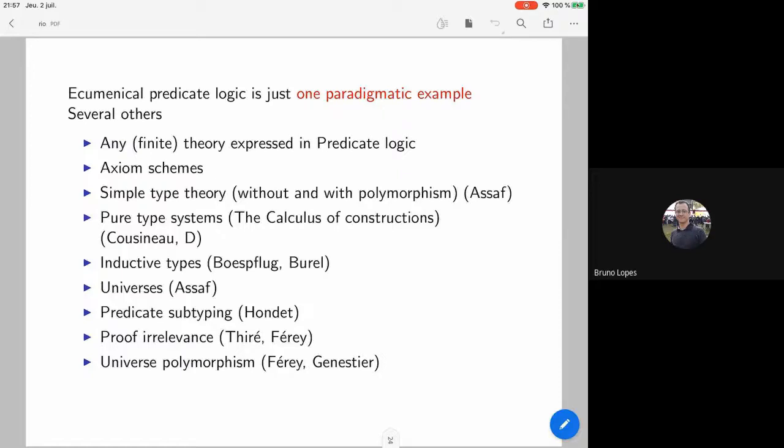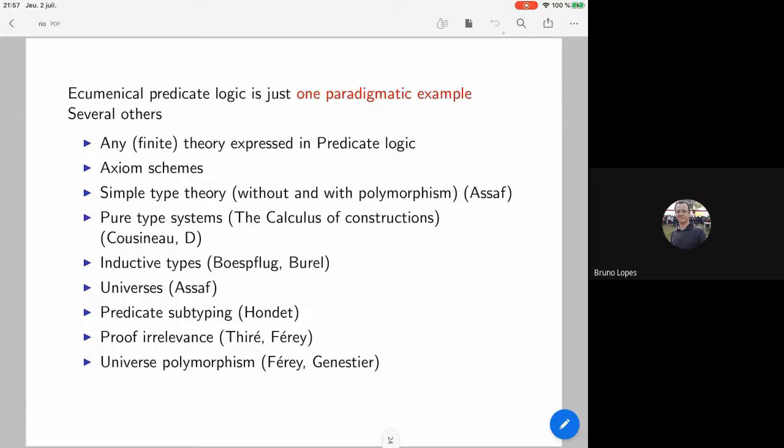We have been able to express a simple type theory. We have been able to express all pure type systems, including the calculus of constructions. We can express inductive types. And more recently, we have been able to express universes and predicate subtyping, and this opens the way to have proofs coming from PVS in deductive.